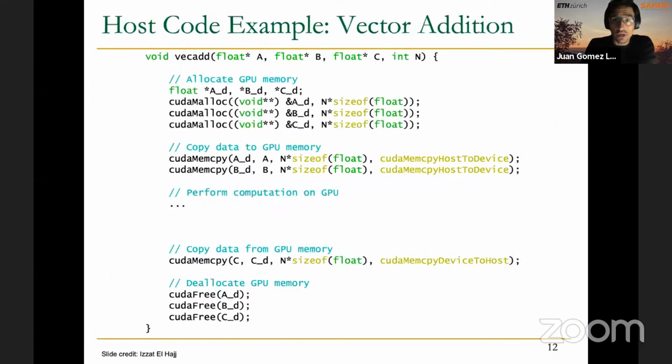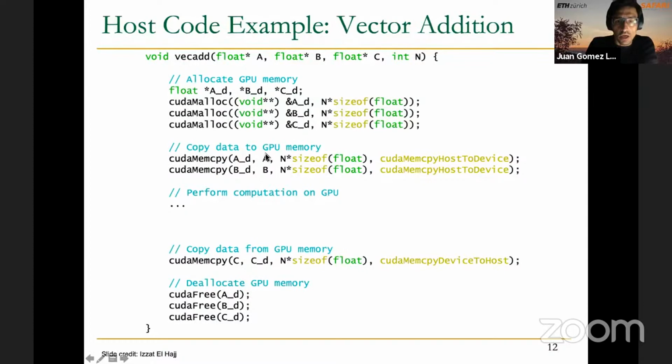This is the vector addition example that we saw the other day as our first GPU programming example. Recall that here we are allocating memory on the device side, on the global memory, for input arrays A and B, and for output array C. Then we copy array A and array B, which are in main memory and were previously allocated and initialized in the main function.